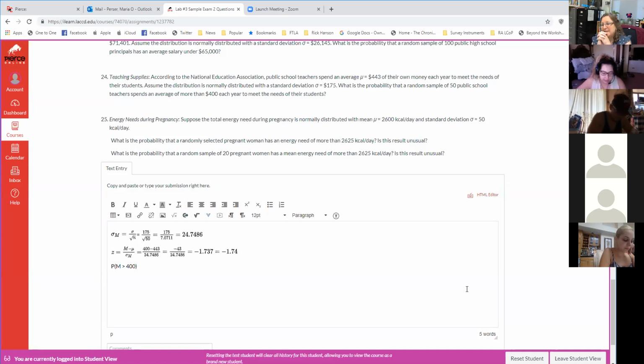Because I have it right here. Think about, okay, so even looking at the numbers, right? If your mu is 443 and your M is 400 and you're looking for the probability of teachers spending more than $400, right? Is 443 in that area under the curve?